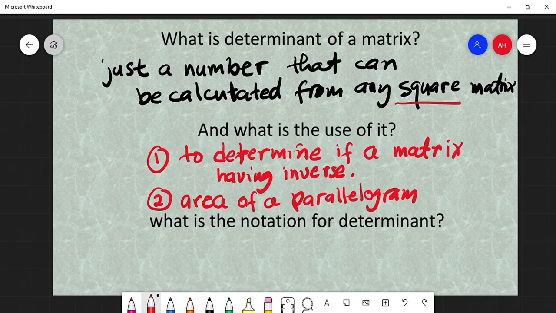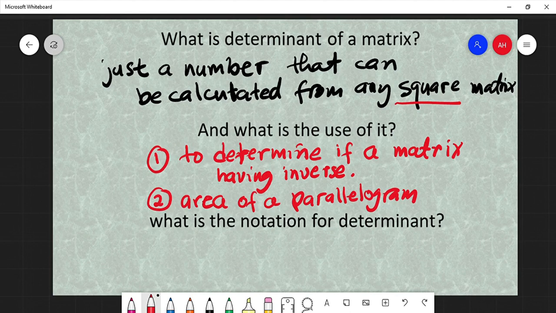If we talk about 3 dimensions, we are going to talk about the volume of a solid that we call a parallelepiped. We can use the determinant also to find the volume of a parallelepiped. In 2D, we can find the area of a parallelogram.